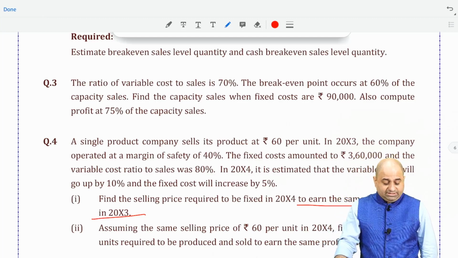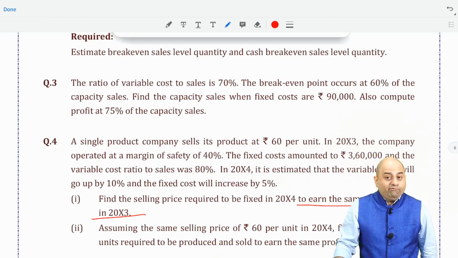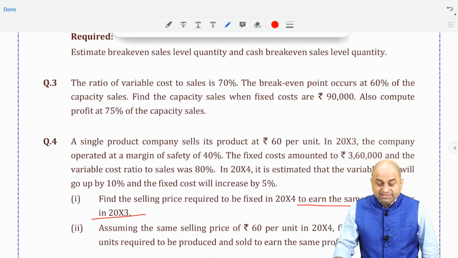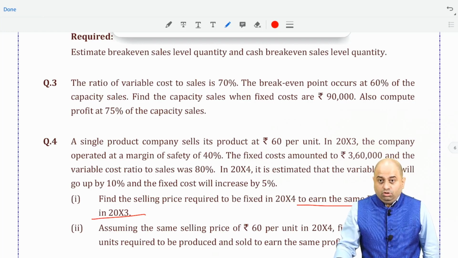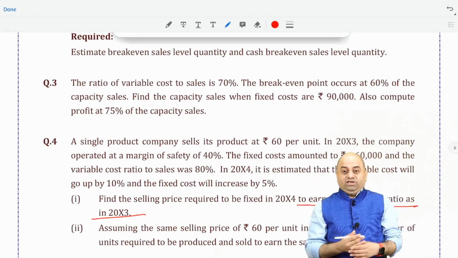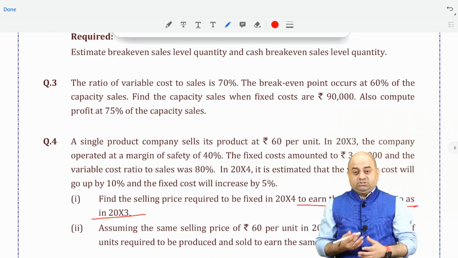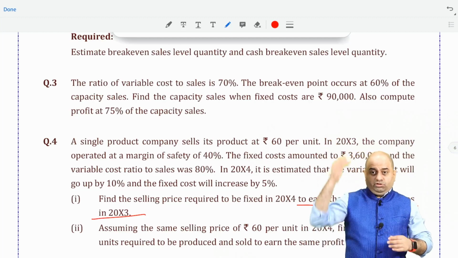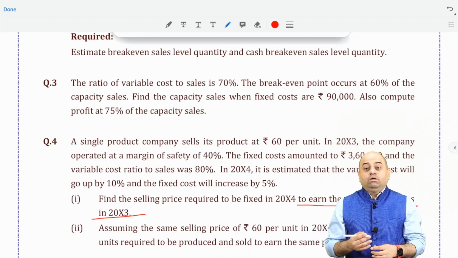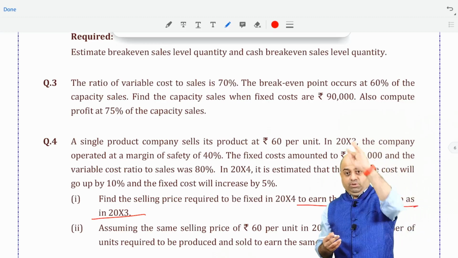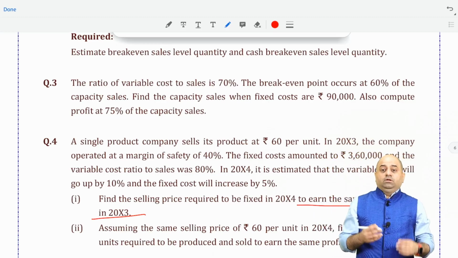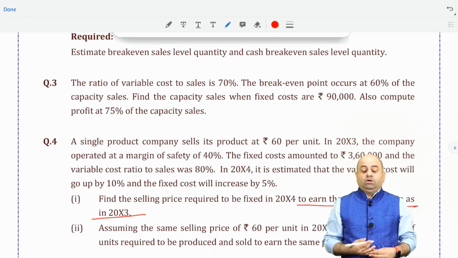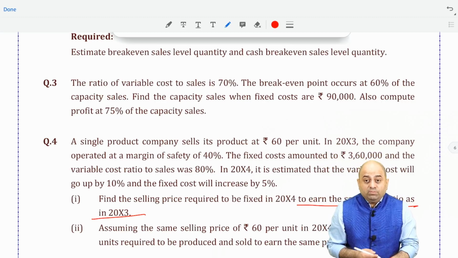And at the same point of time, a friendly suggestion in such type of questions: when you calculate all the present possible details, which means sales, variable cost, contribution, fixed cost, net profit, selling price per unit, variable cost per unit, contribution per unit, number of units for that matter, then the remaining part of the solution will become easier because changes will become simpler.